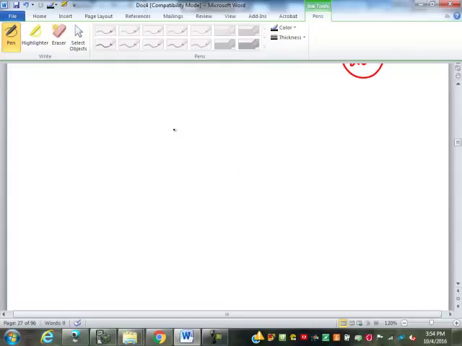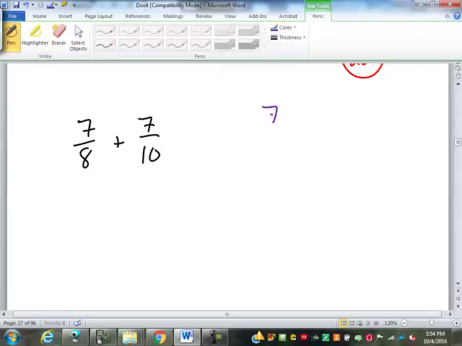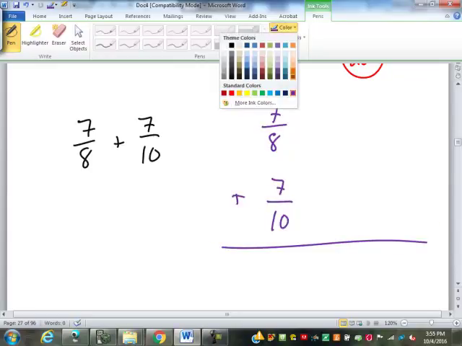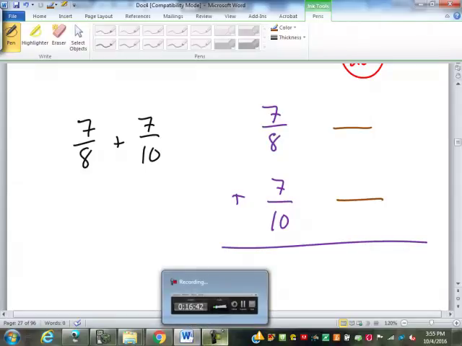So what if we end up with something like this? 7/8 plus 7/10. First, I want you in your notes to find the common denominator for me. Figure out what that common denominator is going to be.